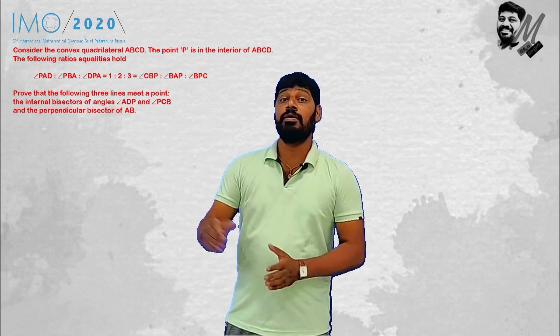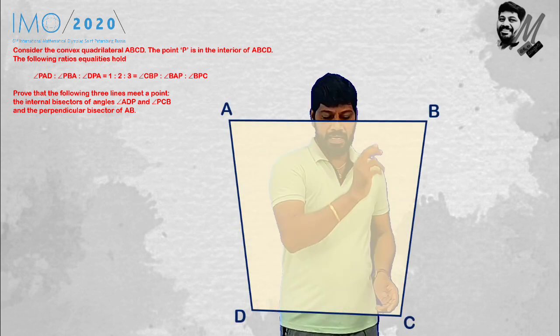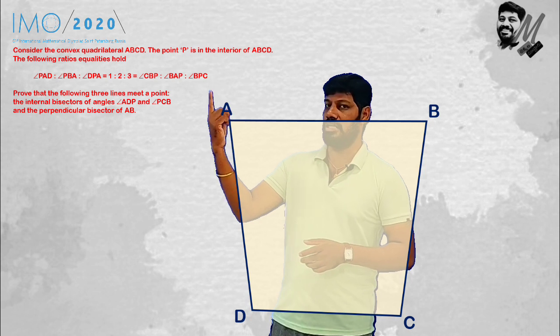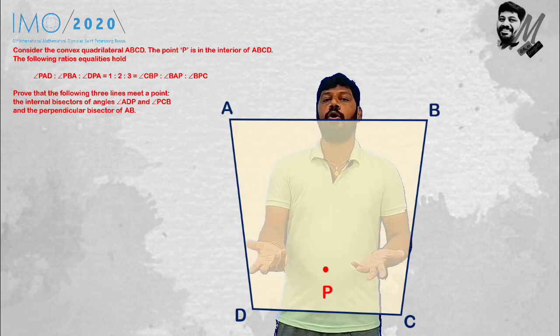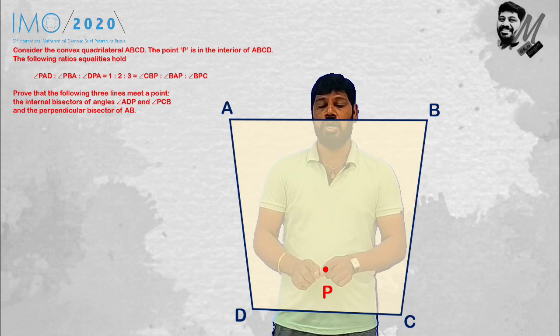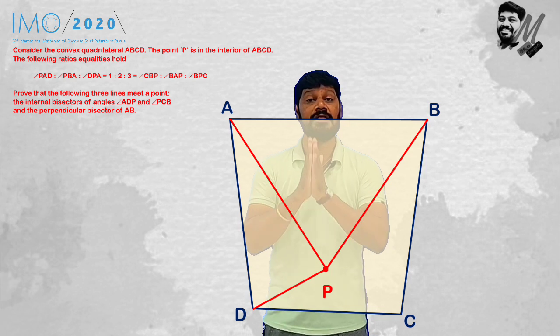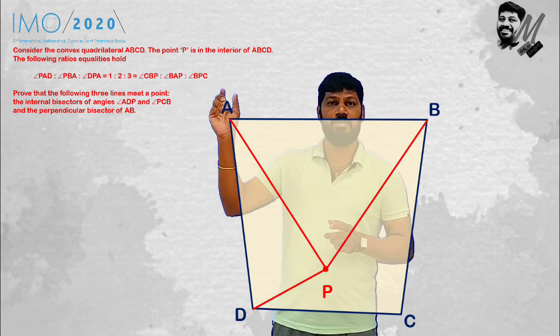Now coming to the problem, first of all let me explain the question. ABCD is a convex quadrilateral, as mentioned in the question. In that convex quadrilateral, P is a point such that if you join P to all the four vertices, you can see many different angles, but a proper relation was given between triples of angles.